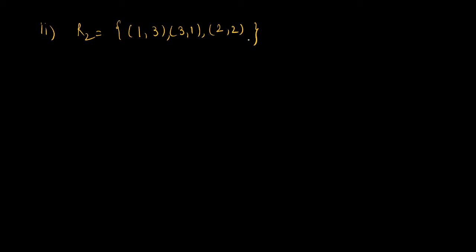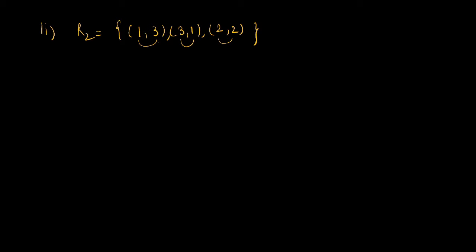This is not reflexive because the ordered pairs (1,1) and (3,3) are not there. Now, is it symmetric? Yes, it is symmetric because (1,3) is there and the reverse ordered pair (3,1) is also there. And the reverse ordered pair for (2,2) is (2,2) itself. So it is symmetric.